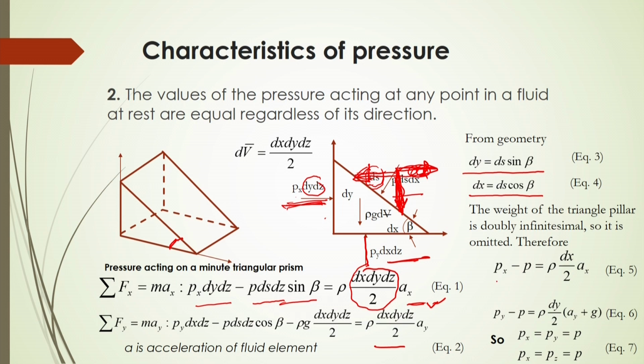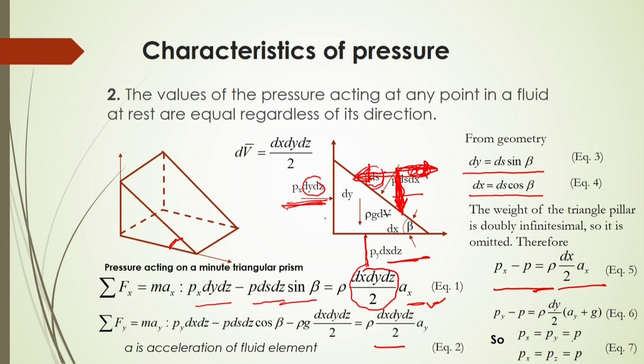So, from this geometry along with the force balance, you can simply have P x minus P is equal to rho into dx by 2 into a x, and in the y direction it will be P y minus P equal to rho into dy by 2 into a y plus g.